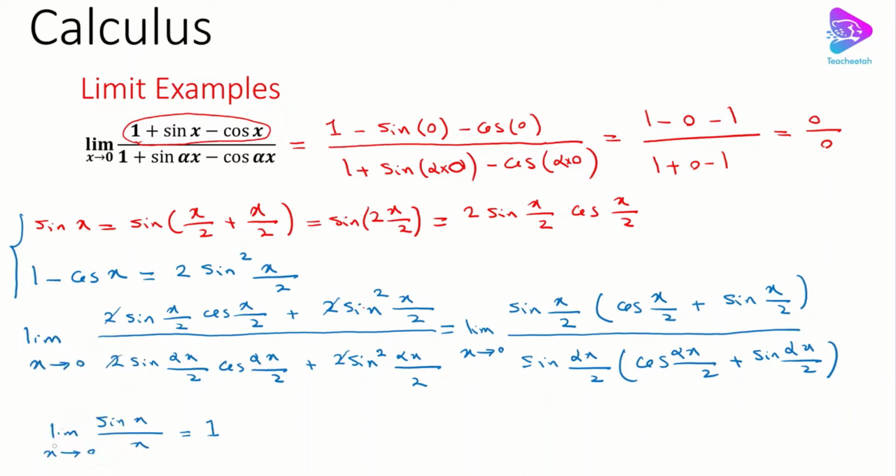To do so, we can rewrite sine x over 2 and sine alpha x over 2 in that form by multiplying x over 2 on the top and alpha x over 2 on the bottom, and then returning the other terms to the back of this whole function.